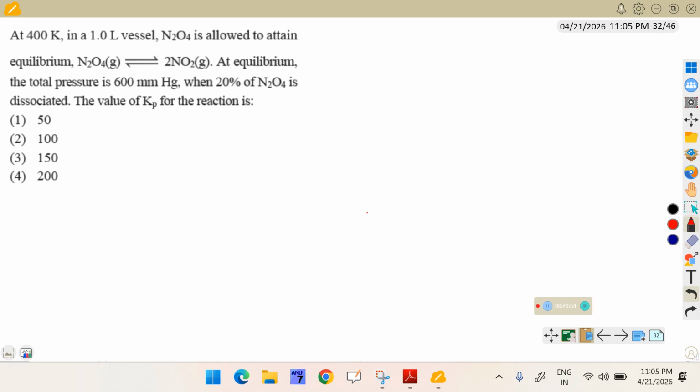At 400 kelvins in a 1 liter vessel, N2O4 is allowed to attain equilibrium. N2O4 gives rise to 2 moles of NO2. At equilibrium, total pressure is 600 mmHg when 20% of N2O4 is dissociated. Find the value of Kp for the reaction.